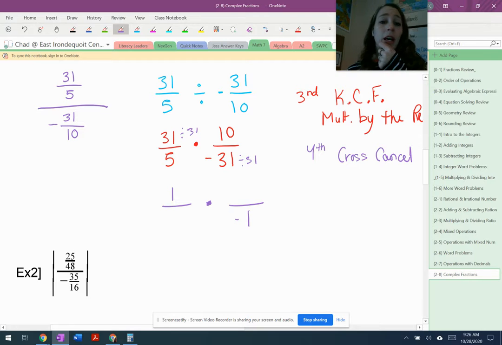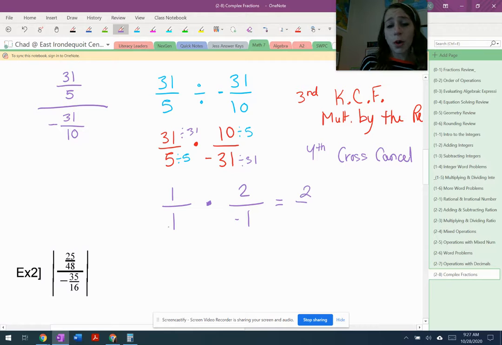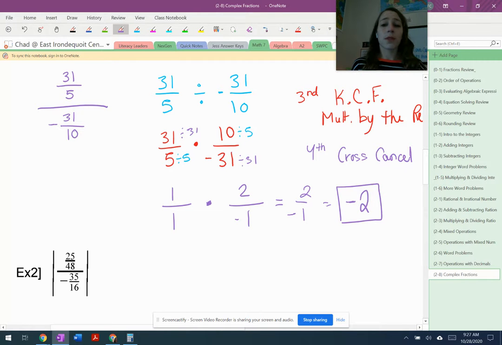And then I got to check my other two. My 5 and my 10, I can definitely cross-cancel pieces with them too. Both of those are divisible by 5. So 5 divided by 5 is 1, 10 divided by 5 is 2. Finish that multiplication. 1 times 2 is 2. 1 times negative 1 is negative 1. 2 divided by a negative 1 is indeed a negative 2 as a final answer.